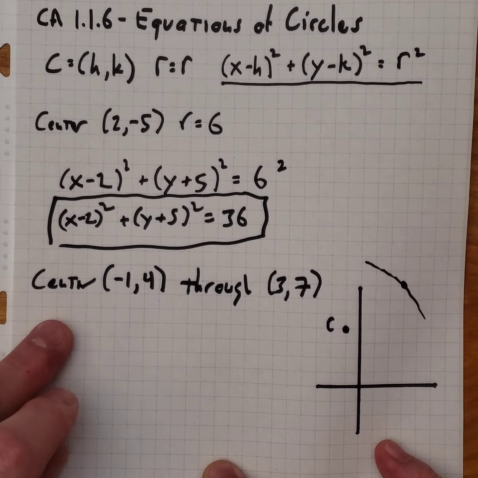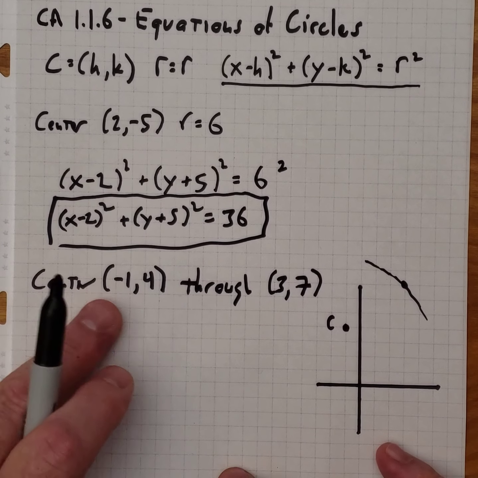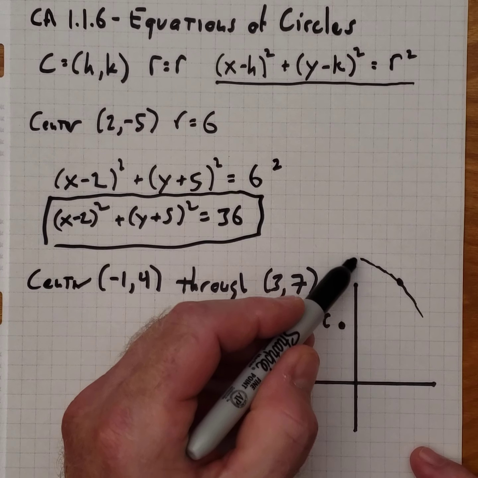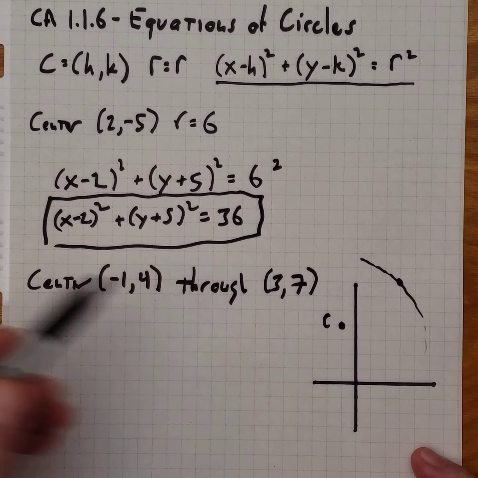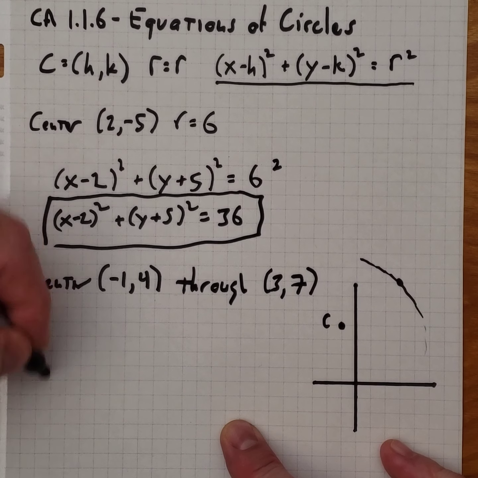What if you've got the center and a point that's on the circle, meaning our center is here, negative 1, 4, and I'm not going to draw the whole circle, but if I were to draw it, it would go through the point 3, 7 there and all the way around, etc. Well, look at what we need, right?